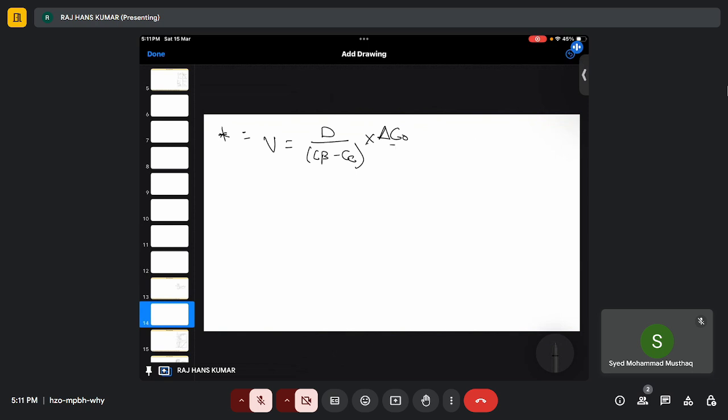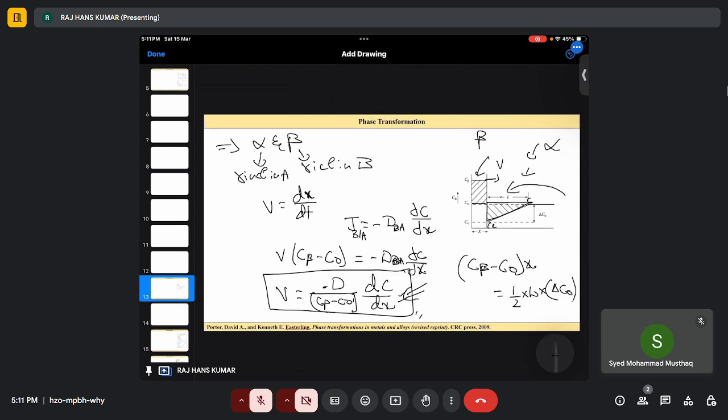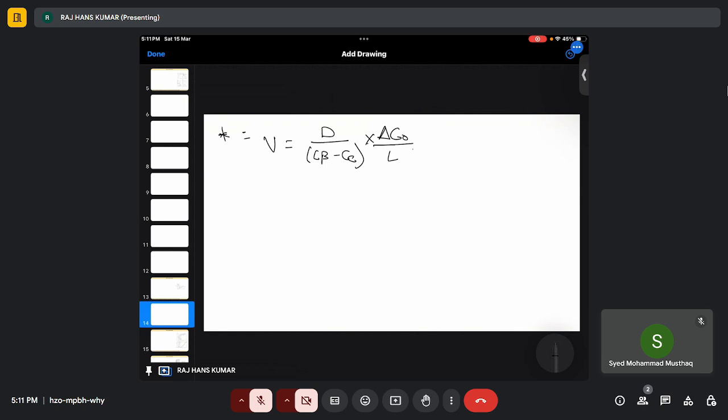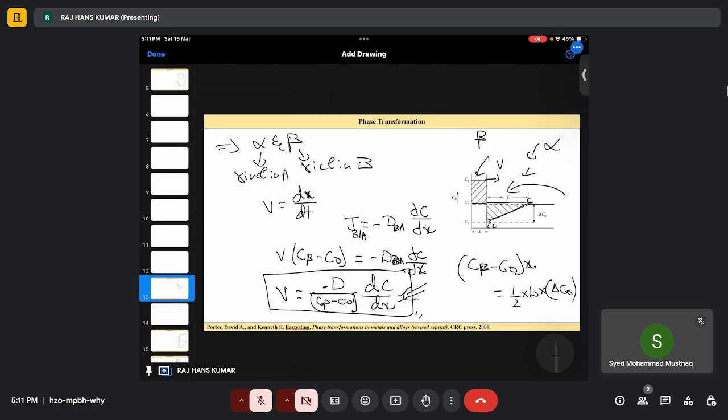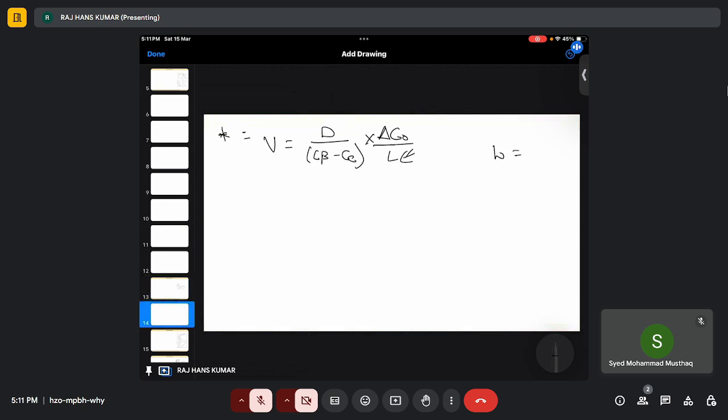Delta C naught upon L. What is my L? This is my L, right? Now we know what L is here. From here, L will be equal to C beta minus C naught upon X divided by delta C naught times 2.